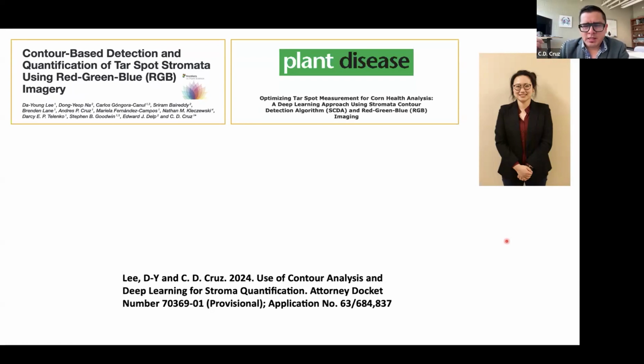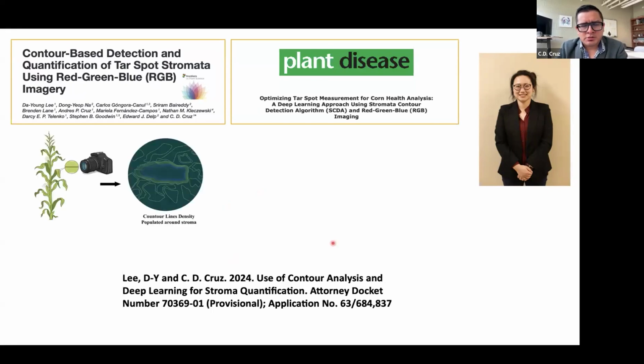So in other words, images that were collected from the ground with high quality and high resolution RGB imagery. There are two manuscripts that have been published out of Dr. Lee's work, in addition to a provisional patent that has been obtained so far through Purdue.